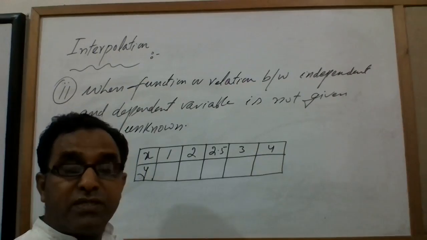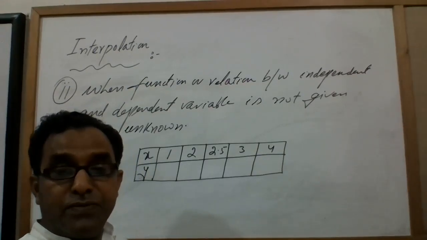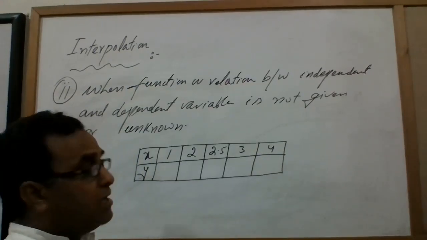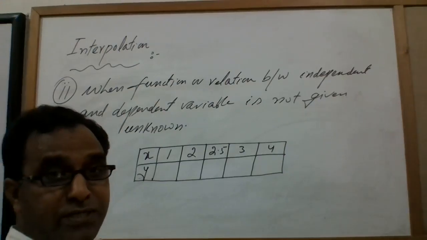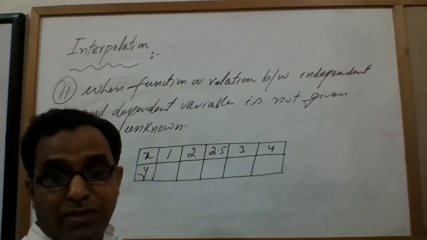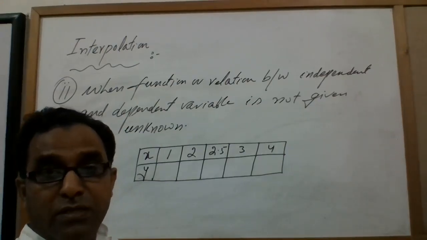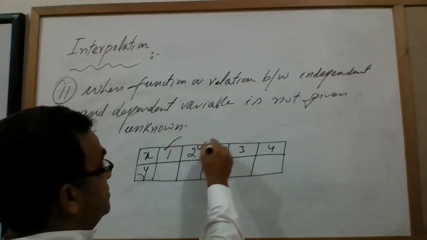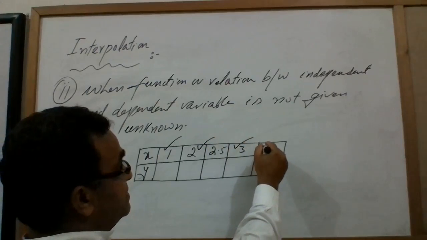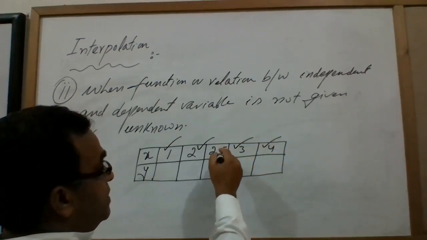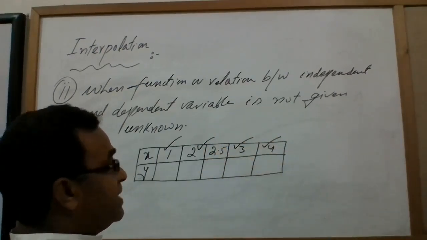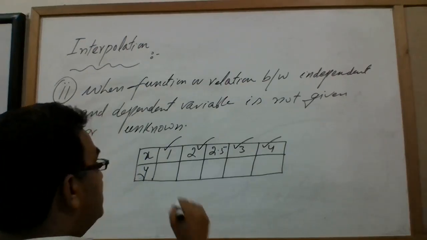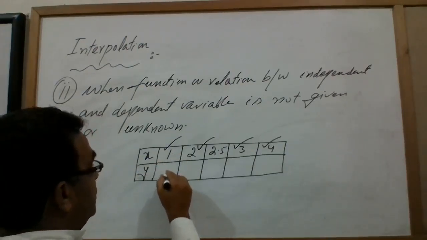Okay, so these are the values of x we are writing in the table, but in this case the values of the dependent variable are only given for x equal to 1, 2, 3 and 4. For x equal to 2.5, the value of y is unknown. For example, for x equal to 1, the value of y is 1.